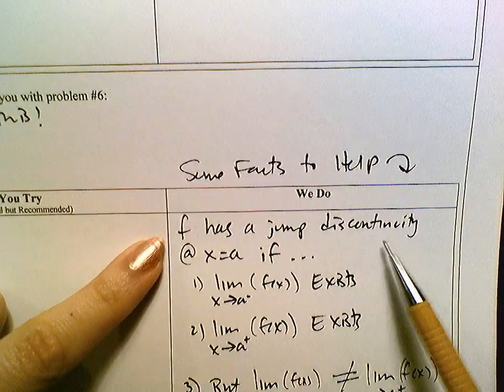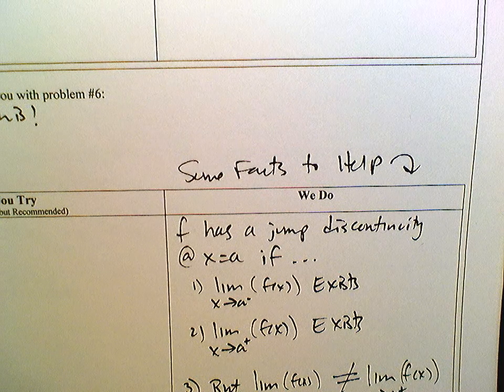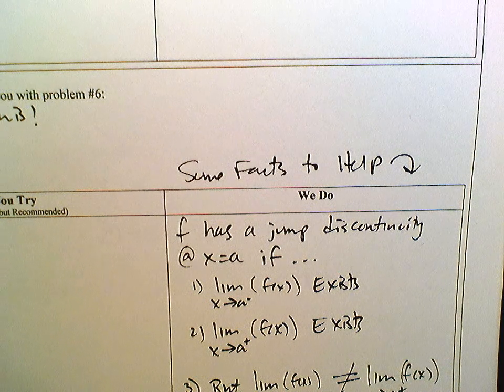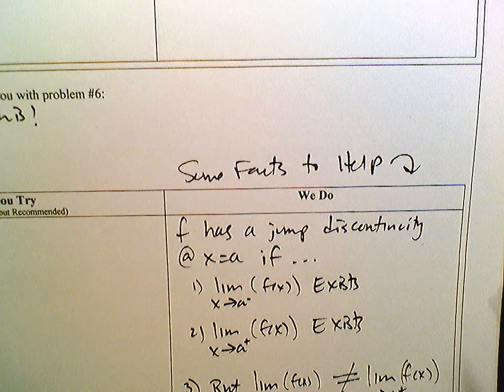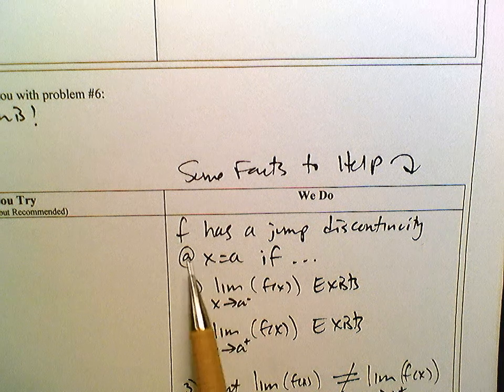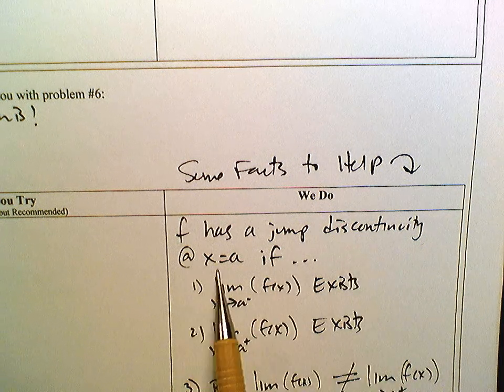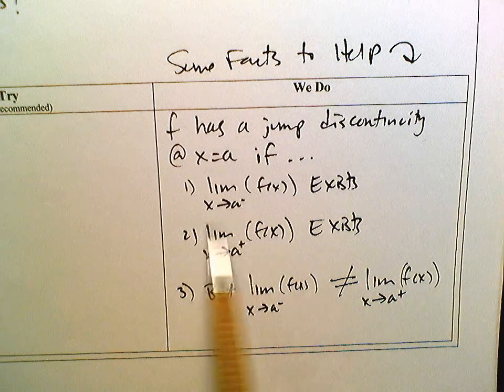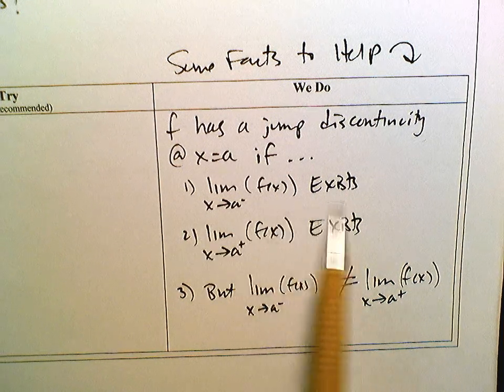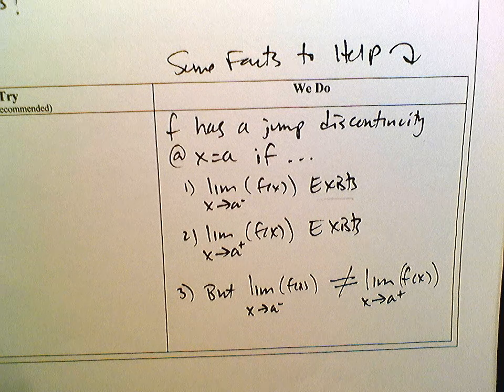F has a jump discontinuity, and thank you, Lucas. Shout out to Lucas because you described it this way. And this is, in fact, the technical definition. So some facts to help. F has a jump discontinuity at x equals a if, first, the limit as x approaches a from the left exists, so equals some number.